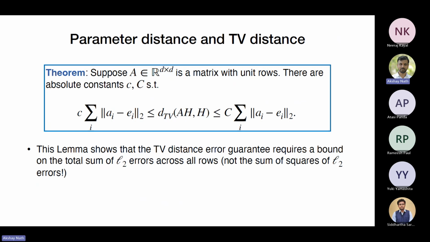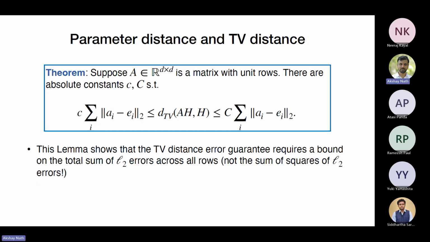So we prove this theorem. Suppose H is the standard hypercube, and A is a rotation matrix. We don't need it to be an exact rotation matrix. We just assume that it is a matrix with unit rows, so each row has norm 1.